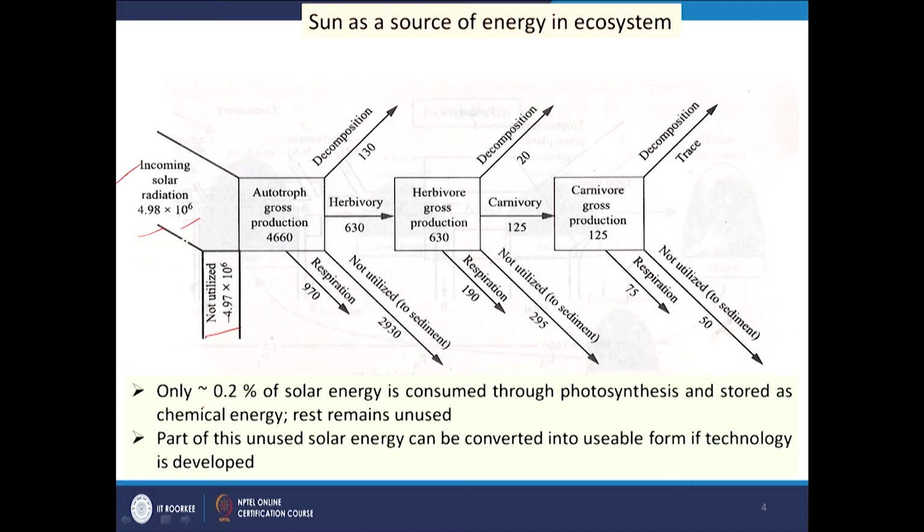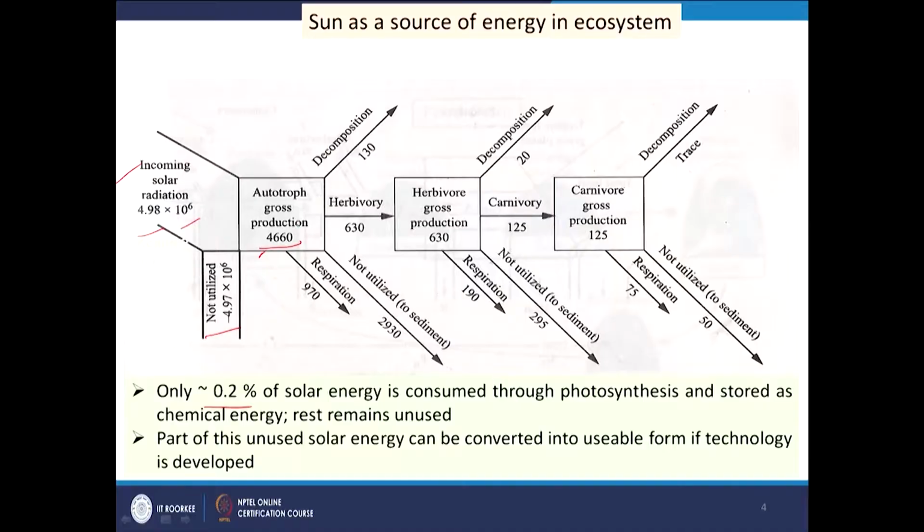So, only 0.2% of solar energy is used by the autotrophs for the production of organic compounds, and it is around 4660 units. Out of this 4660 units taken up by the producers, the plants and grasses, etc., around 630 units go to herbivores, and the rest is lost through respiration, decomposition, and not utilized, that is the sediment.